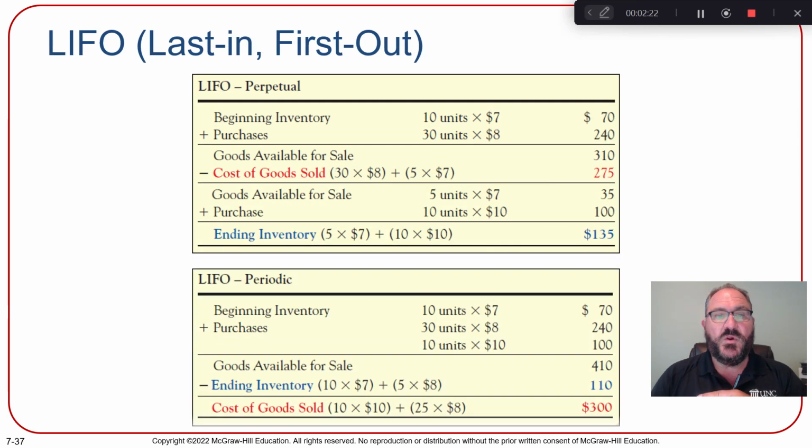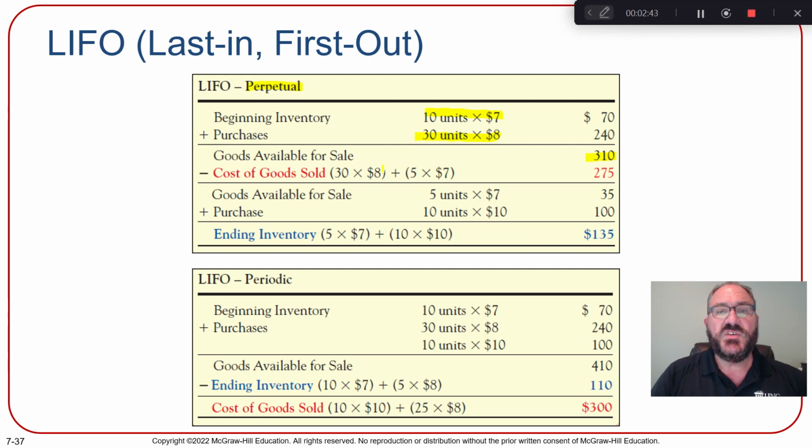So now we're going to take a look at LIFO perpetual, okay? Now with LIFO, what happens here is we can only consider the items that we had available for sale. So we had these items available for sale, and we had these items available for sale. So cost of goods available for sale is $310, right?